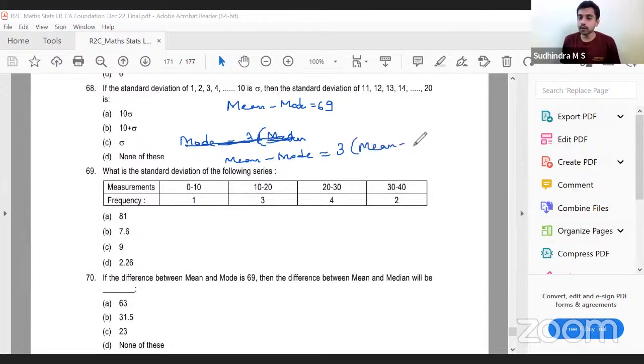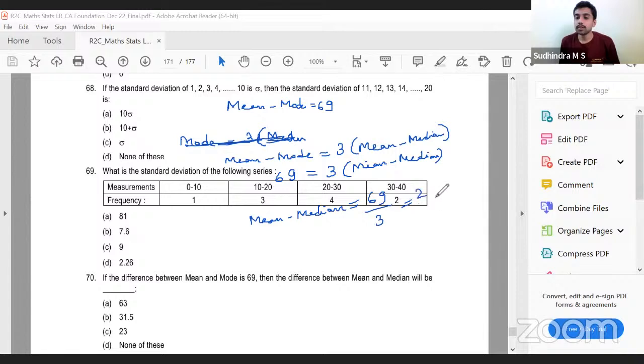That is what we have in that empirical relationship. So 69 is equal to 3 times mean minus median. They are asking us mean minus median. Mean minus median is 69 divided by 3, which is 23.